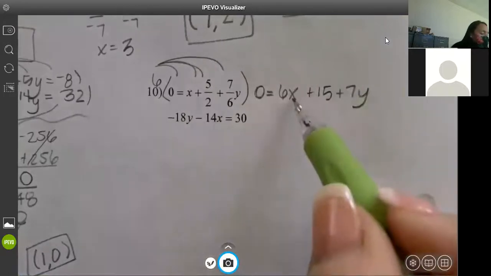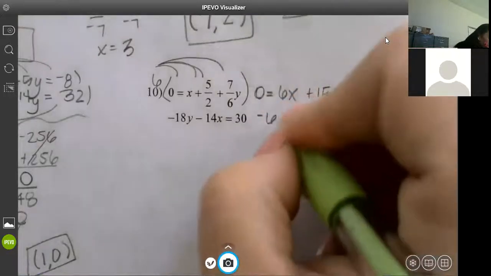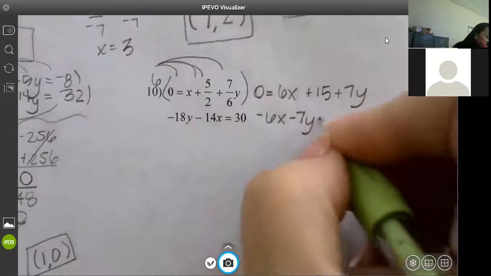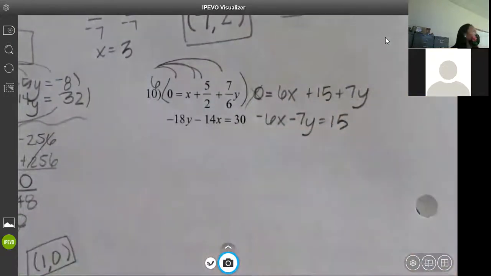If we want to fix this, the 6x is on the wrong side, so we move it to the other side. The y is on the wrong side, so we move it to the other side. The 15 is on the correct side. The 0 means absolutely nothing. Okay, so just don't get freaked out if you get a 0 on there.